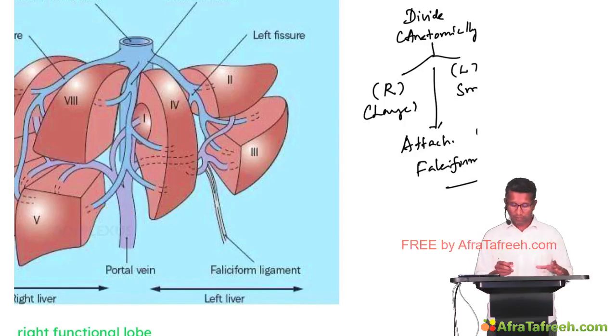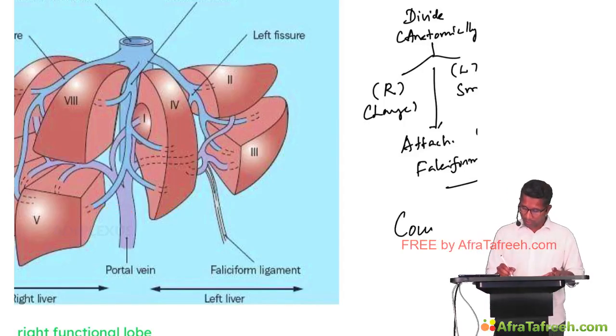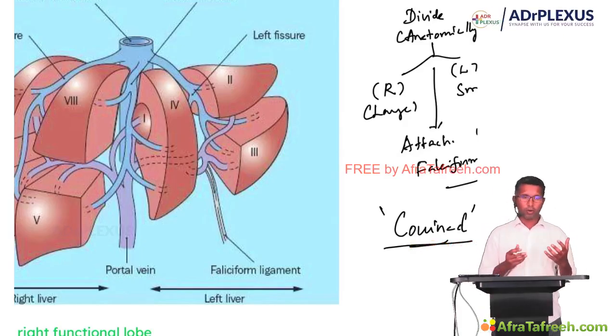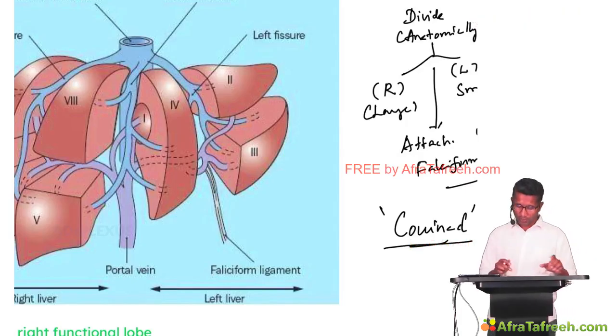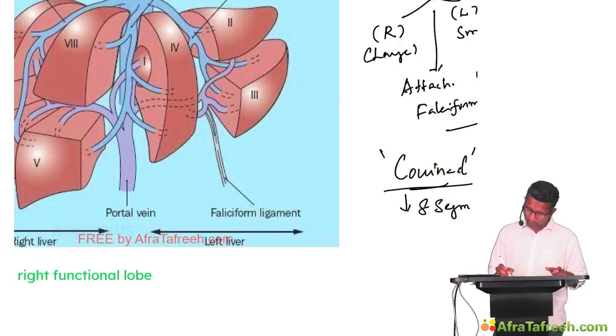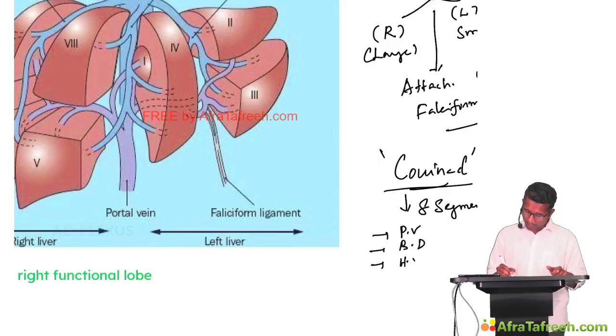The liver is classified functionally by a person called Couinaud. Okay, so Couinaud's classification of the liver segments is based on the lobe that receives three things. Couinaud divided the liver into 8 segments based on their portal vein branch, their bile ductule branch, and their hepatic vein branch.